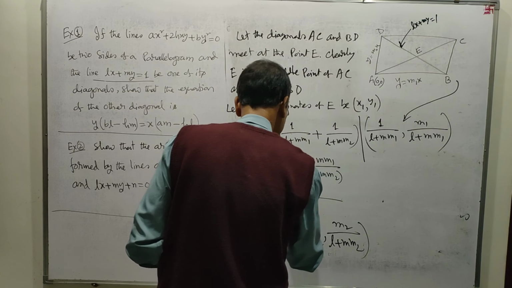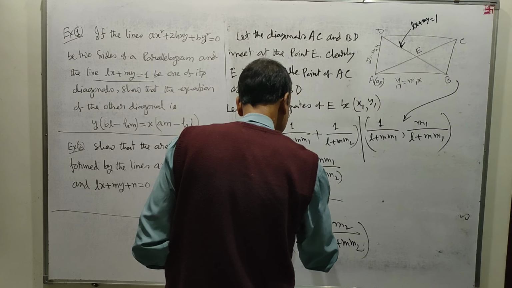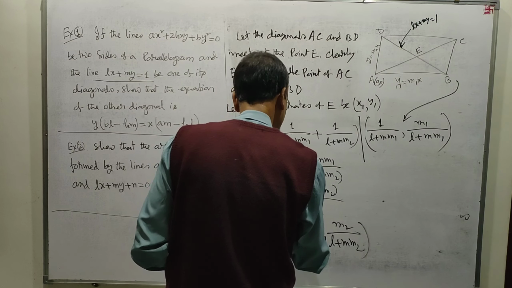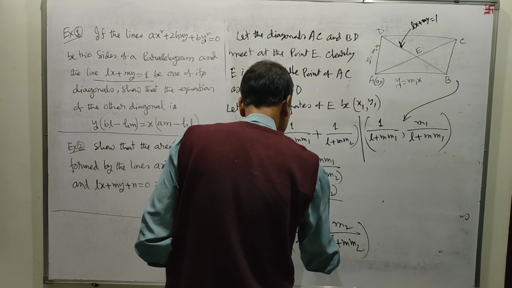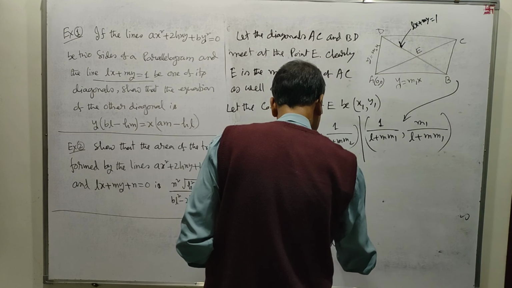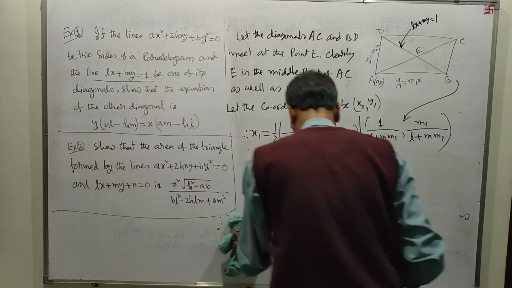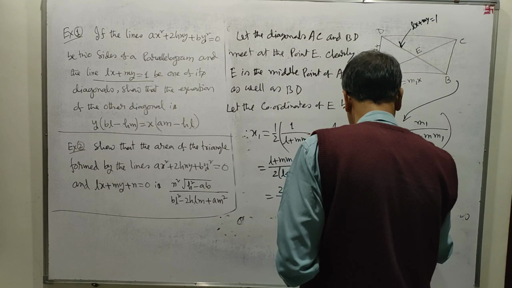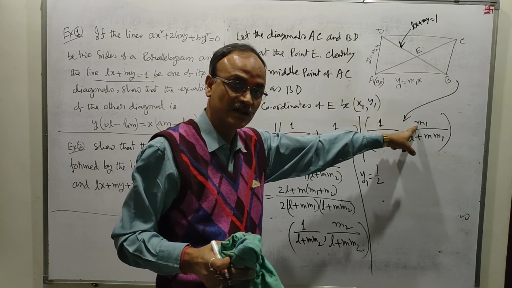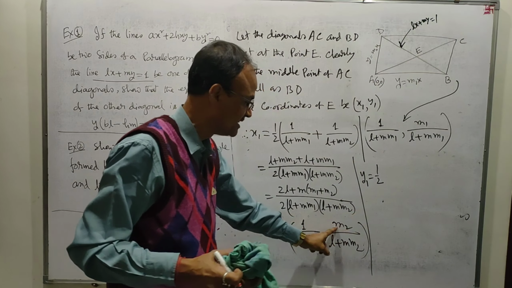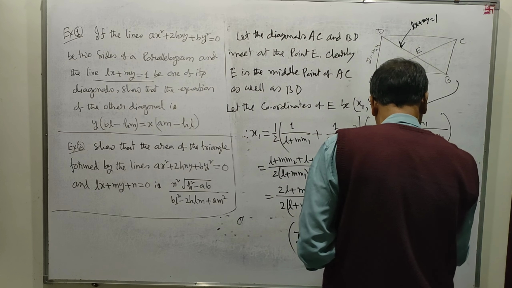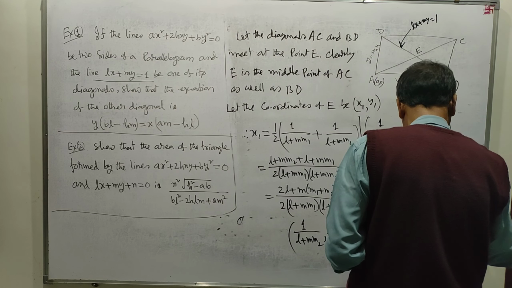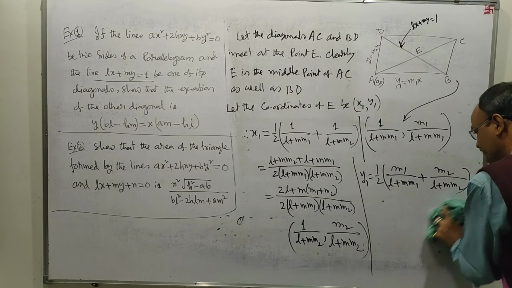This is equal to twice L plus M into M1 plus M2 divided by this. Y1 is equal to half into the y coordinate of B plus the y coordinate of D. Therefore, you will definitely get this one.